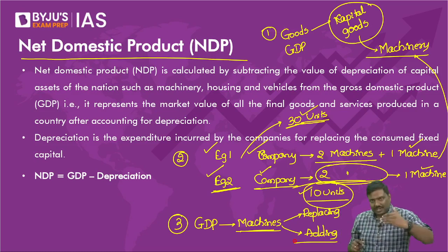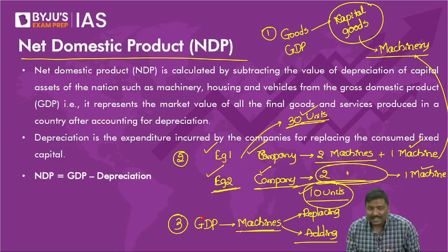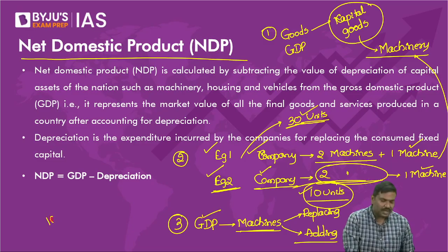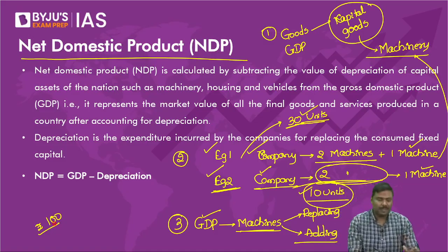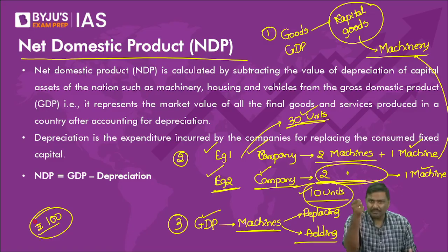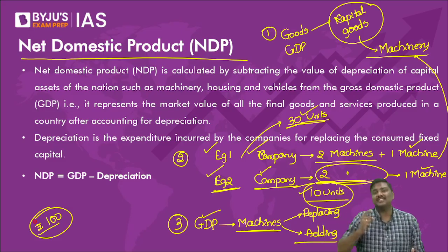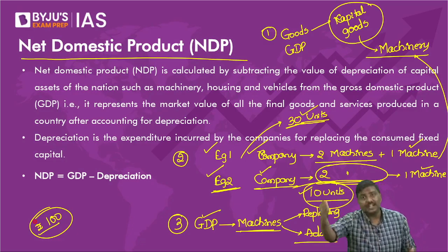But now the question arises: using the GDP value, let's say the GDP value is 100 rupees. Out of this GDP value of 100 rupees, can you find out how many of the machines produced were used for replacing existing capital, or were used as an addition to the capital?